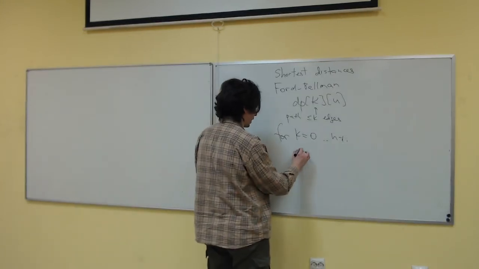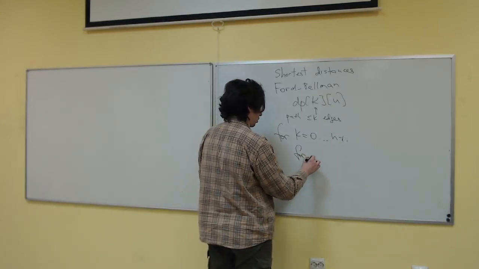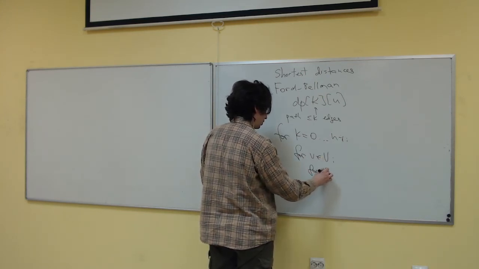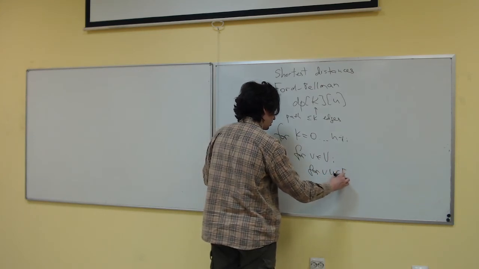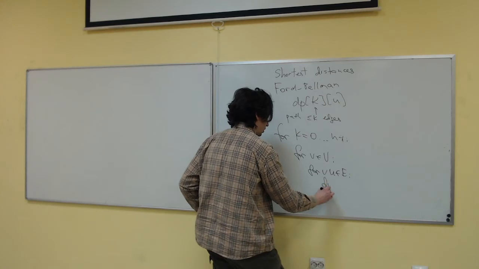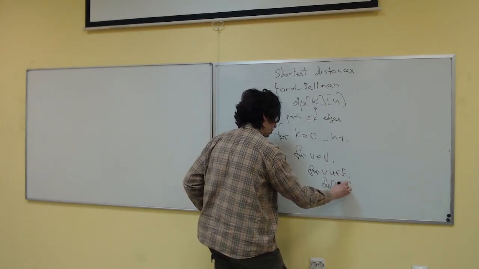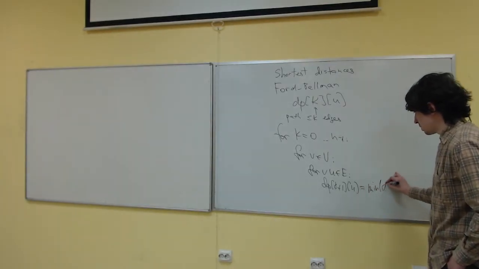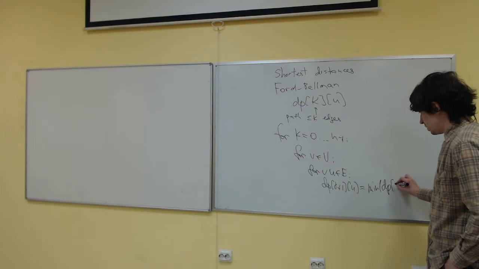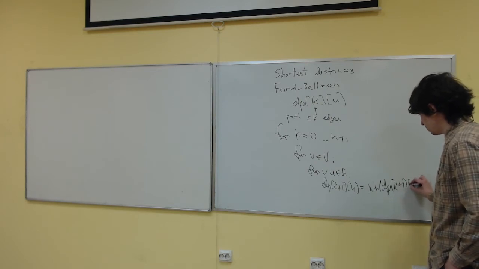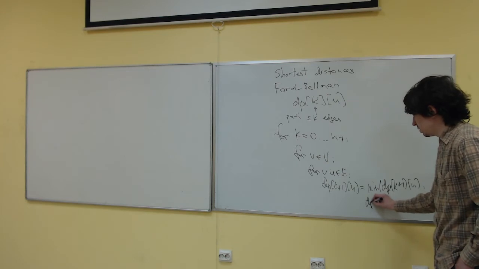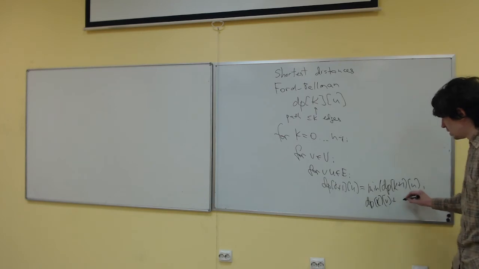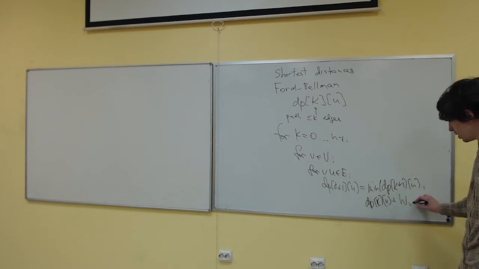Okay, so you go over k, then you go through all the vertices, then you go through all their edges, and then you say dp k plus 1 of u equals min of dp k plus 1 of u and dp k of v plus the weight of the edge from v.